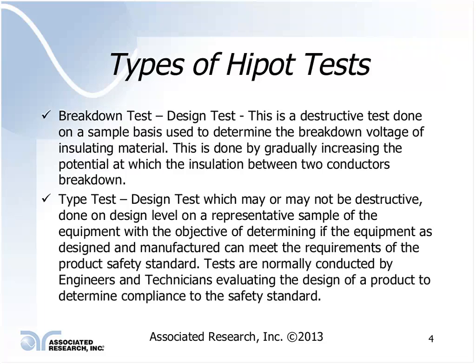Again, this is a sample test. You normally run a number of tests on the sample just to try to get an average breakdown voltage, because if you're doing a solid dielectric material test, the size of the electrodes, you may use different, maybe a 1/4 inch or 1 inch or a 2 inch diameter electrode, depending upon the size of the insulating material.